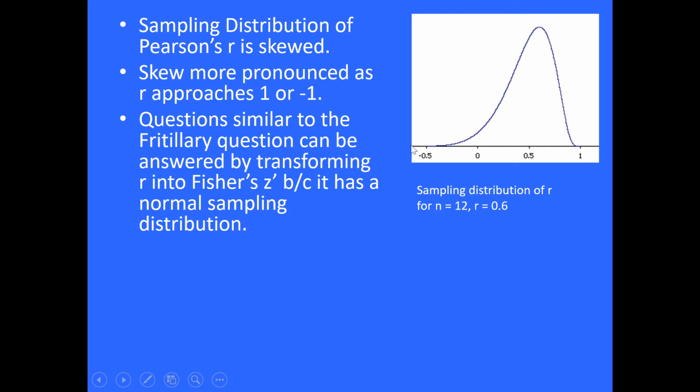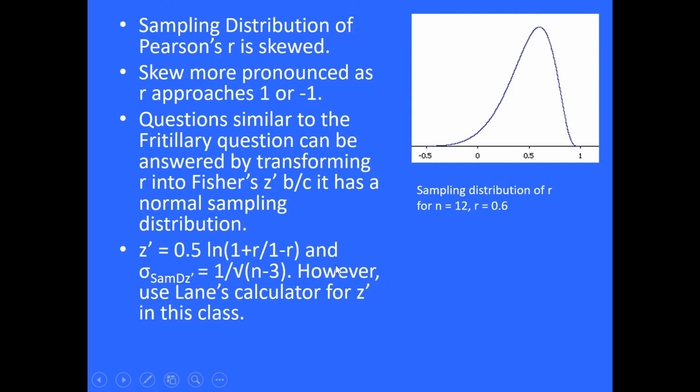So even though sampling distributions of Pearson's r are skewed, you can convert a number like this into a z-score, and those have a normal distribution. There's actually a formula for this, but don't use this formula. Instead, we're going to use a calculator in Lane's book to get z-scores.